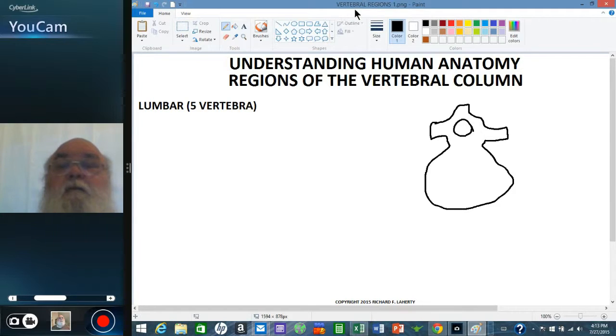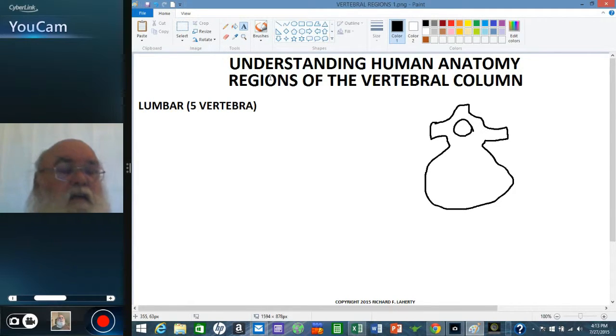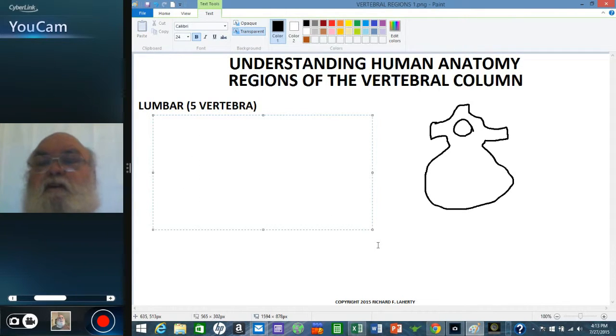And the lumbar vertebra has a large body. One major characteristic: large body.